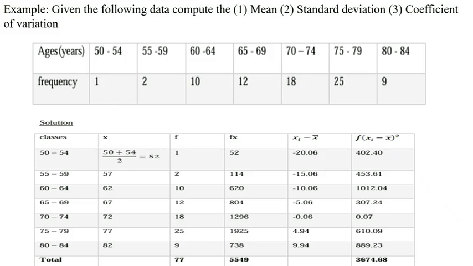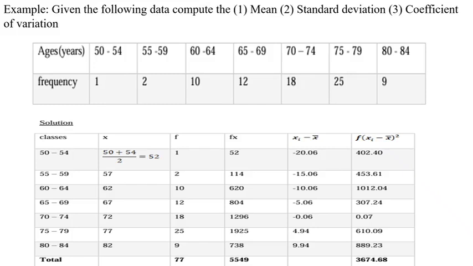Then to estimate our xi minus x bar, it will now be 52 minus 72.06. That will give us minus 20.06. That is xi minus x bar. Our xi is 52 minus our x bar, which is 72.06.